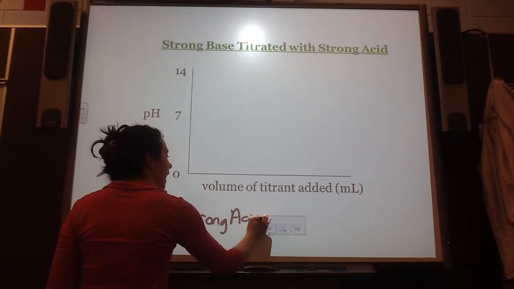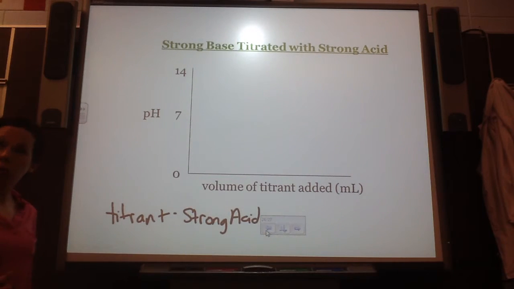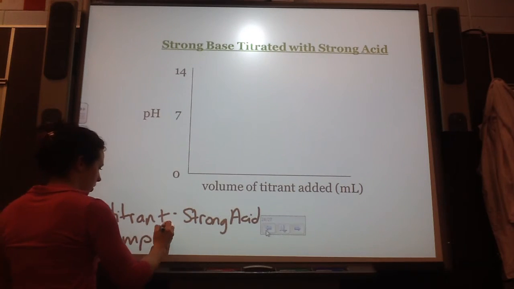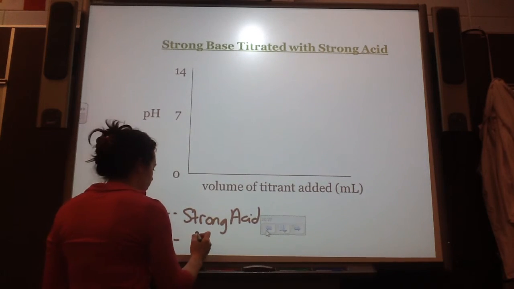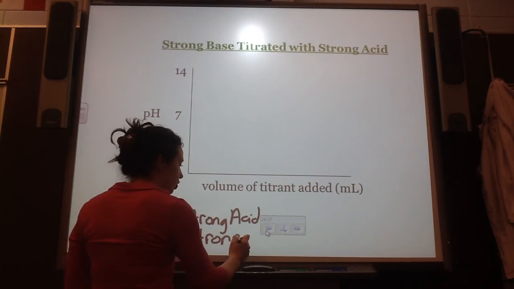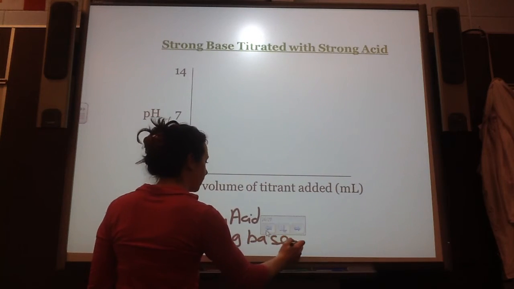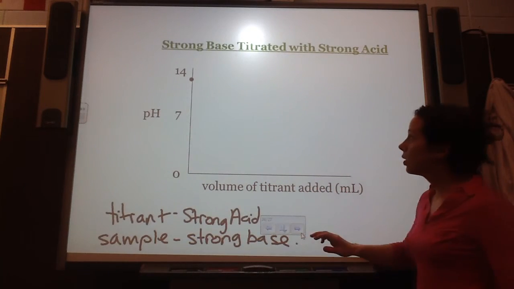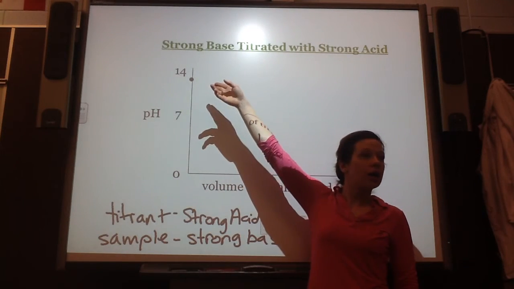So that means I should end with a really low pH. And my sample is a strong base. So that means I need to start with a really high pH. So these ones start really high.